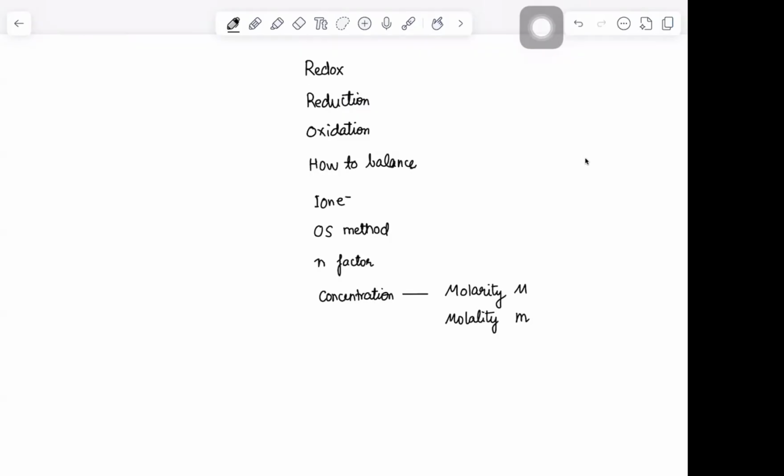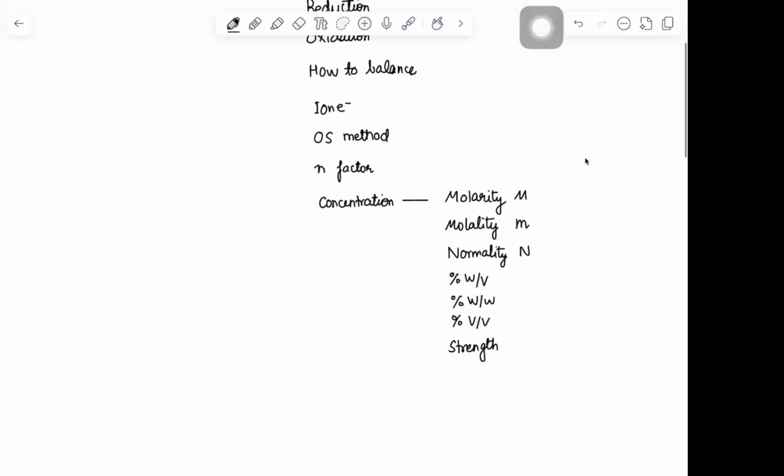Molarity, small m, normality, percentage weight by volume, percentage weight by weight, percentage volume by volume. These kinds of terms we should know. We should know terms like strength, density, ppm, ppb.